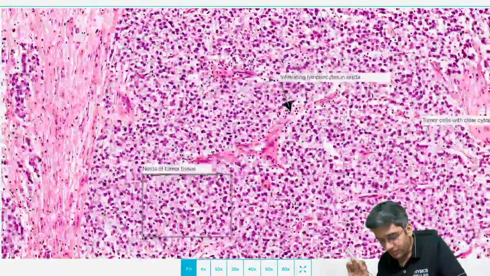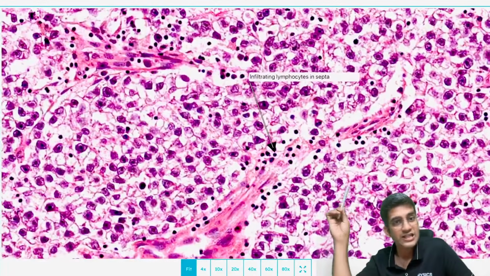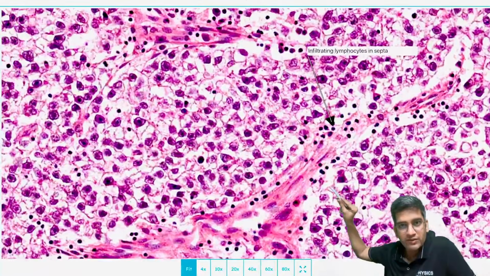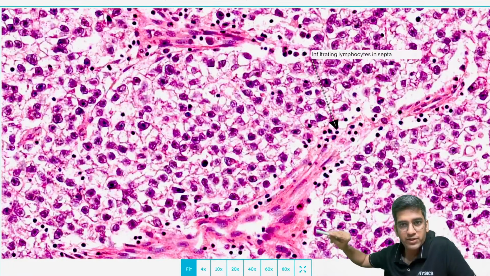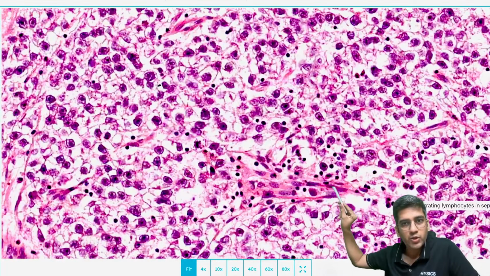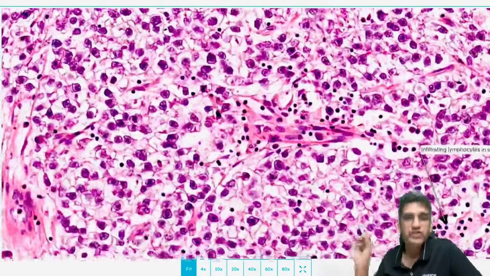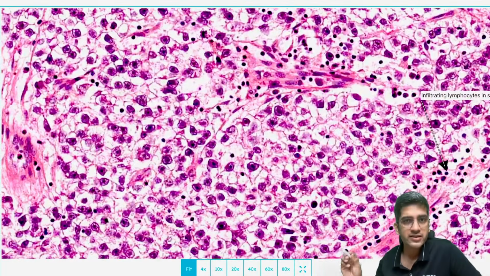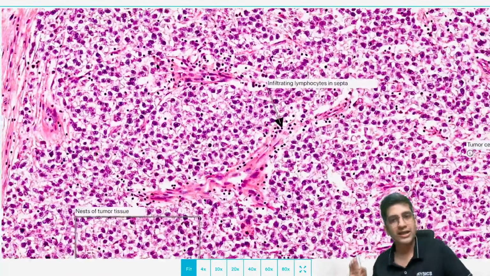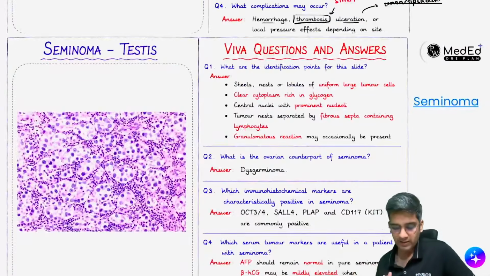And one more very important finding: the septa will have infiltrating lymphocytes. I hope you can appreciate that. There's a septa here, there's also a septa there. You can have infiltrating lymphocytes inside them, right? Infiltrating lymphocytes, clear tumor cells arranged in nests is classical for seminoma, classical for dysgerminoma also, right?